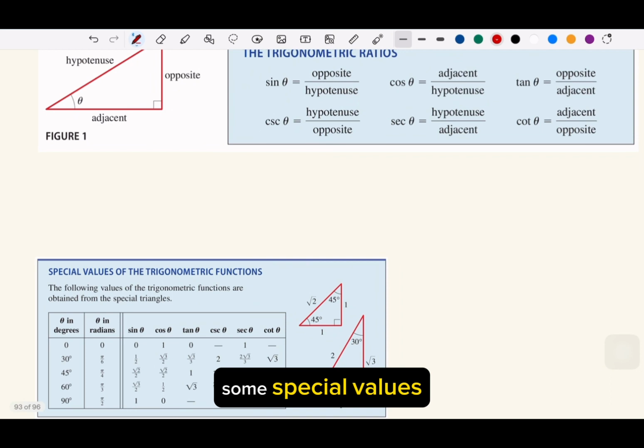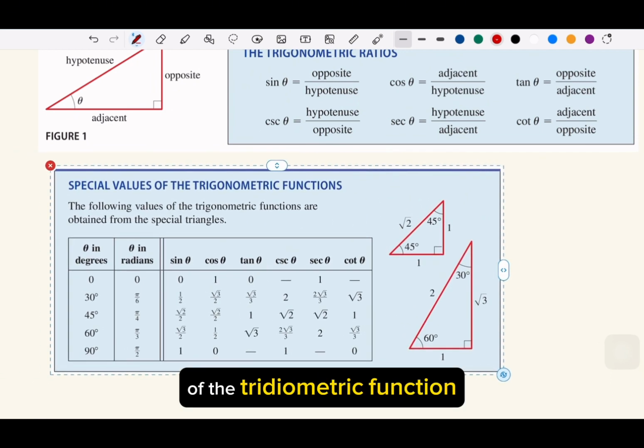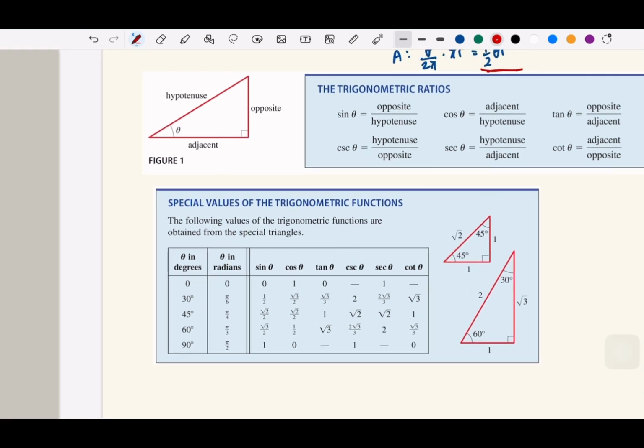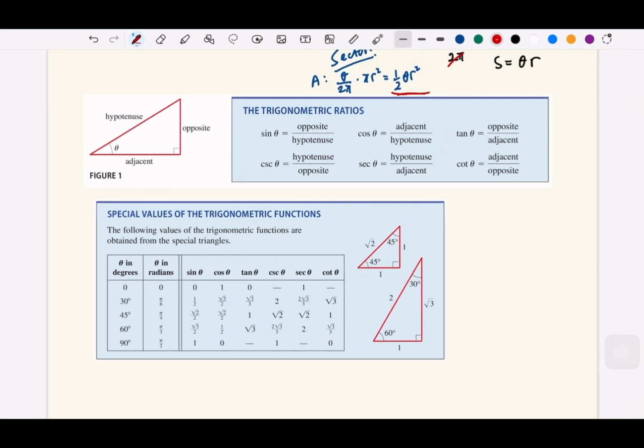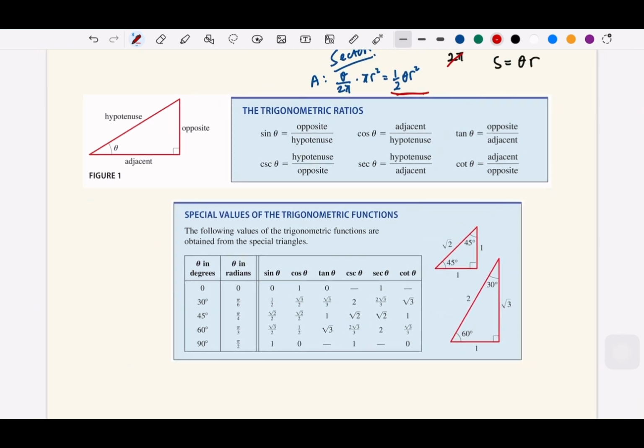Some special values of the trigonometric functions.